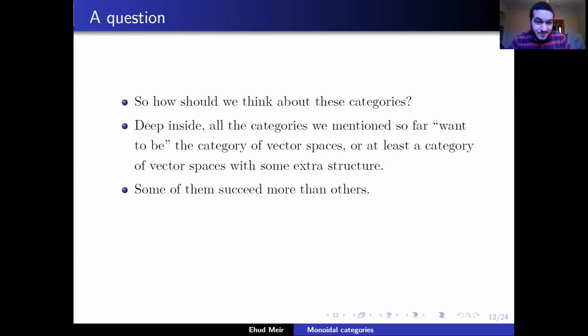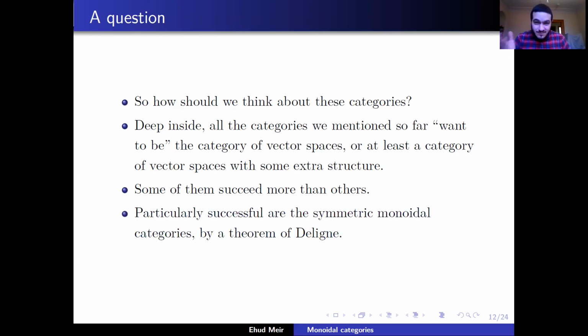However, some of these categories succeed more than others in being categories of vector spaces with some extra structure. What exactly do we mean by this? We will soon see. The particularly successful ones are the symmetric monoidal categories, by a theorem of Deligne that I will now tell you about.